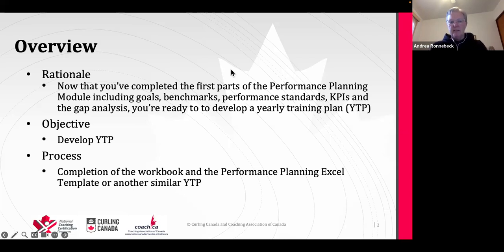So the objective is to develop the yearly training plan. And the process for doing this is completion of the workbook and the performance planning Excel template, or something that you develop yourself, or a similar template. As you complete the workbook, you will actually be completing the performance planning template.